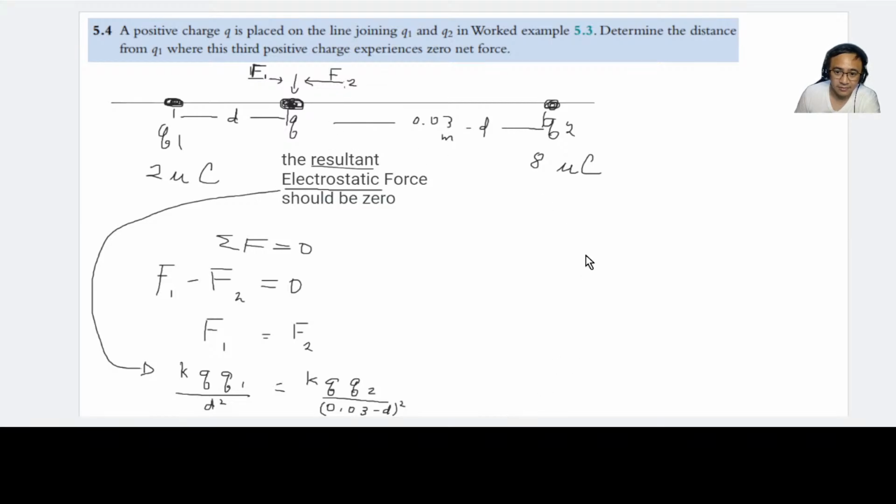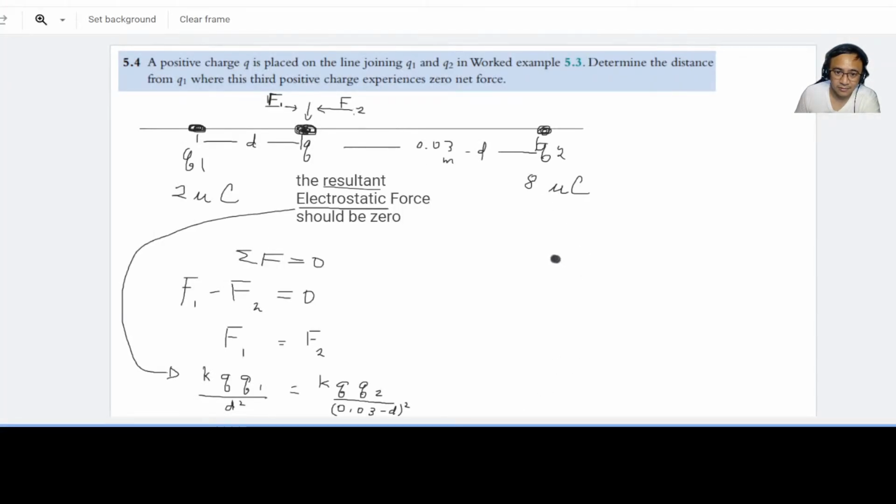Let me tell you the equation: E equals F over Q. So it's F over Q2, electric fields. You could do that, then equate them and cancel out Q1 or Q2.